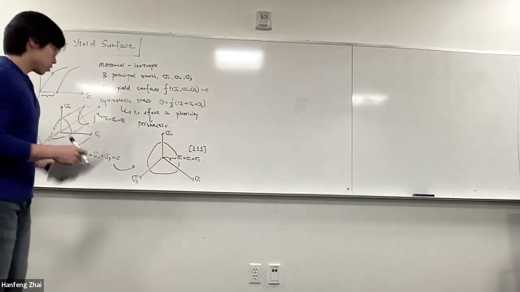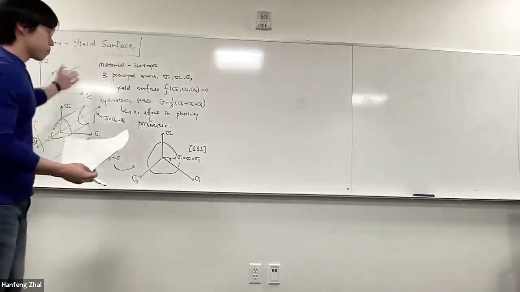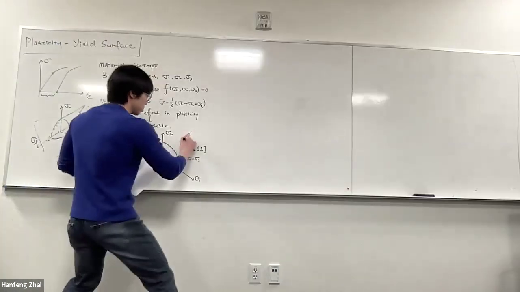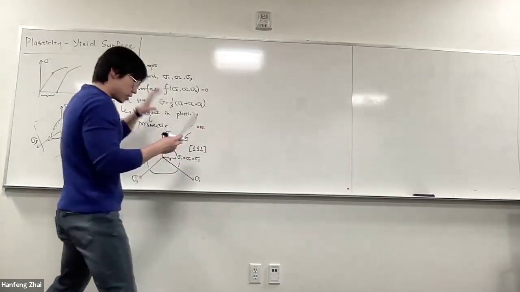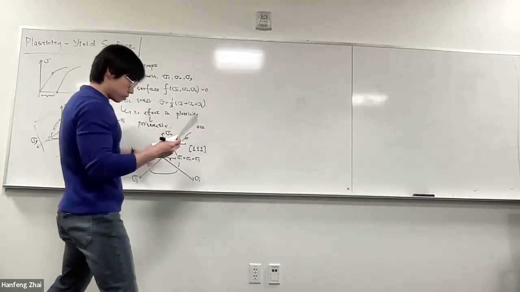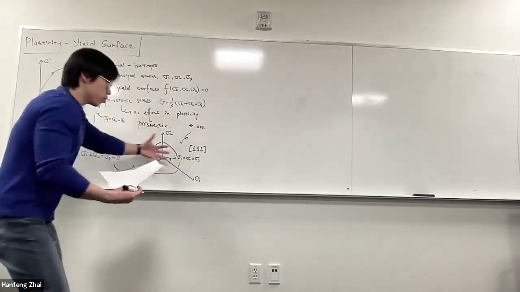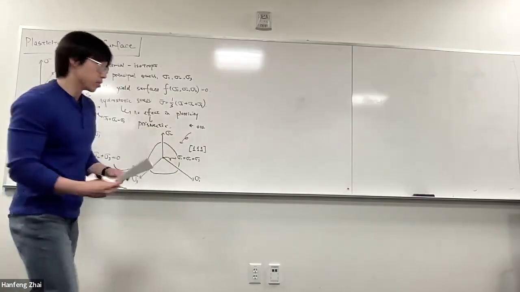And so there's one comment. If you were to construct a yield surface for any general material described by the three principal stresses, then the important thing is we have to satisfy this curve to construct the whole yield surface, such that the yield surface is pointing outwards along the axis where all three principal stress components are the same.